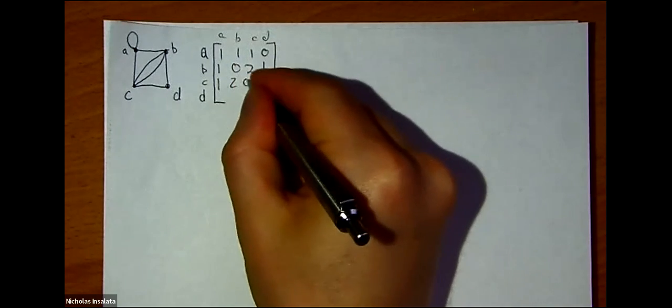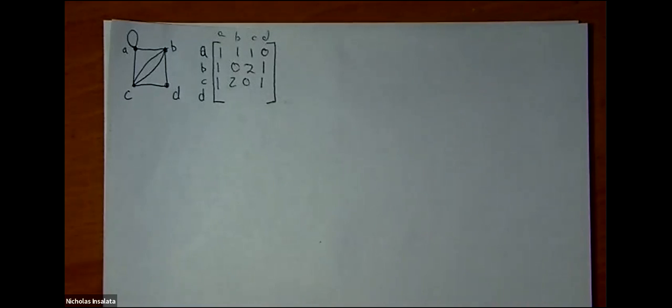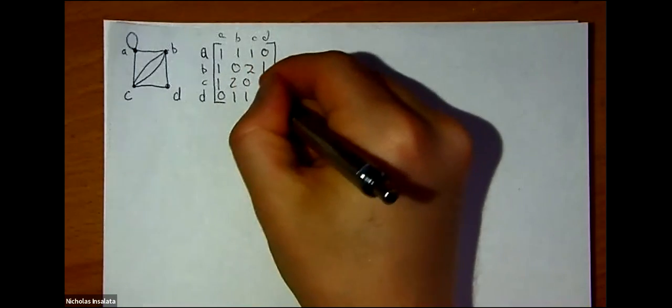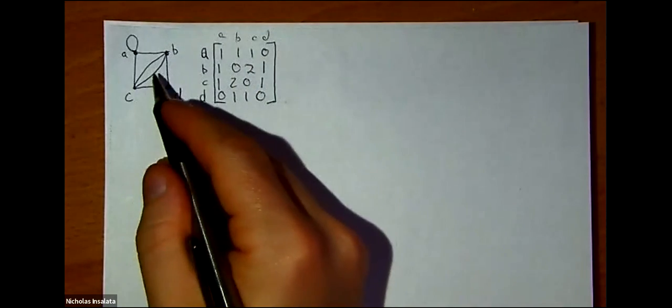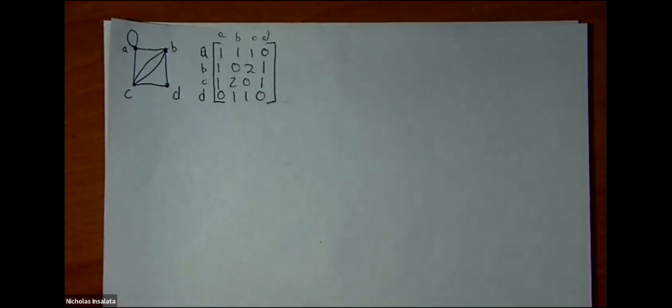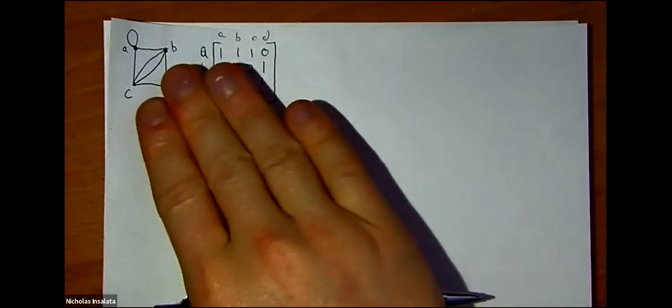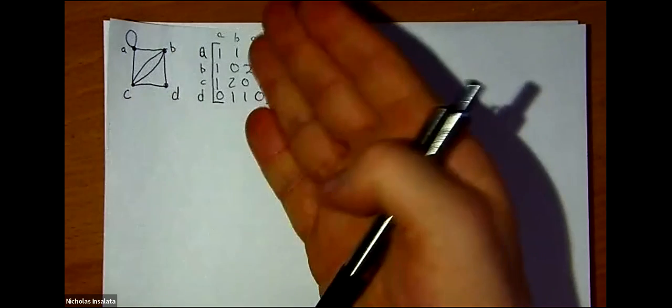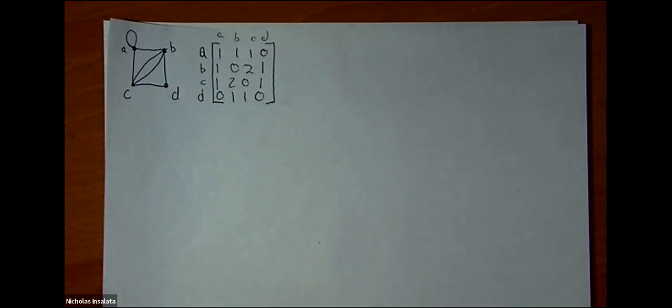Nice. And then the last row, D: 0, 1, 1, 0. Perfect. You notice this is an undirected graph, so the matrix that I get out is symmetric, which means that you can flip it over the diagonal like this.